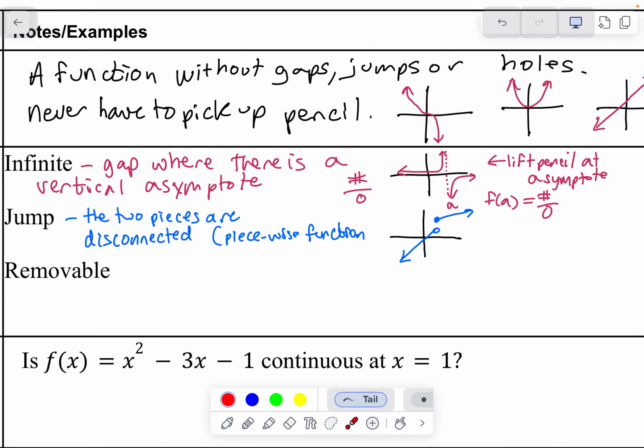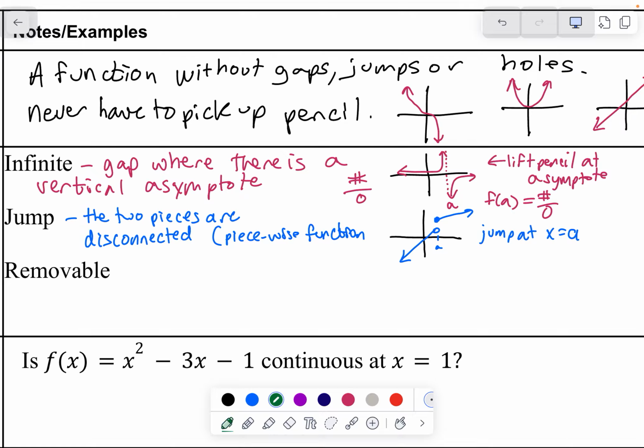So at this value A, there is a disconnect. And so it's a jump. Okay, so that is our second type of discontinuity, a jump in the graph, or hole in the graph, or spot in the graph where something is messed up.